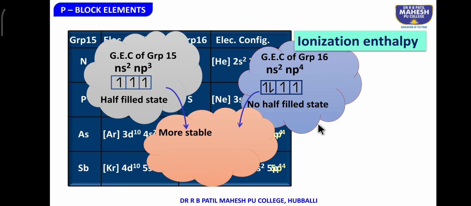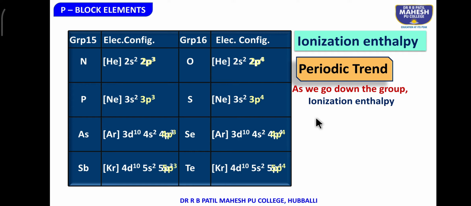Hence the ionization enthalpy of group 15 elements is greater than that of group 16 elements. So what is the periodic trend? As we move down the group, ionization enthalpy decreases.